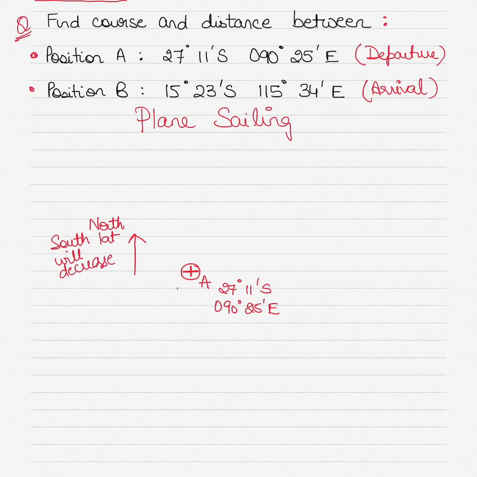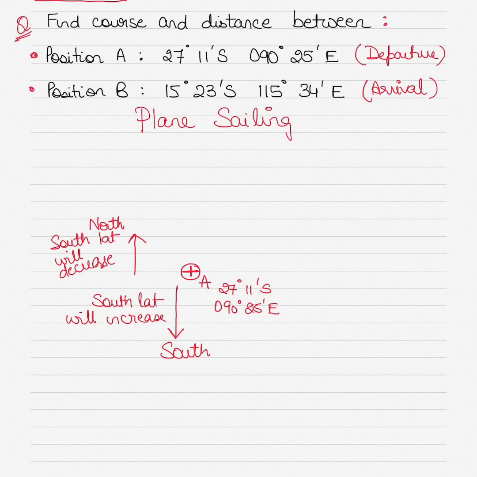And if you go southward from a southern latitude, your south latitude will increase. So now you know that you have to go 15 degrees 23 minutes south, so it means you have to go northwards. You are not supposed to be going southwards.